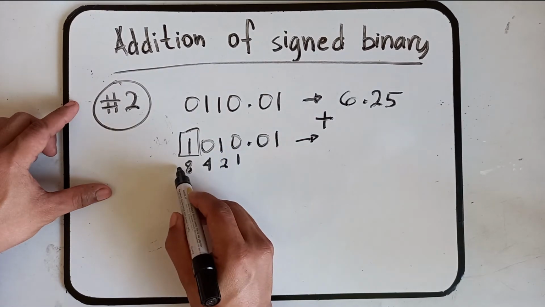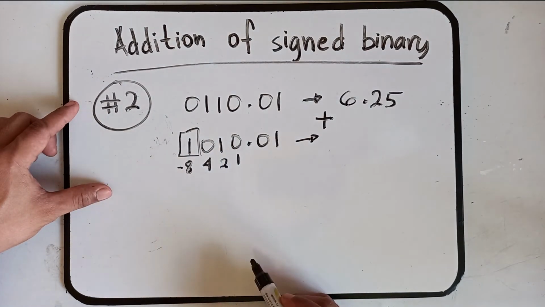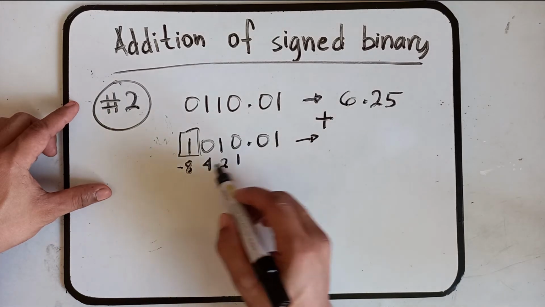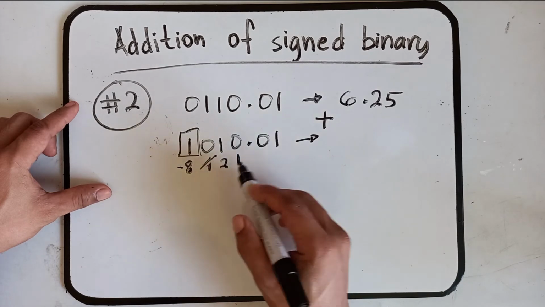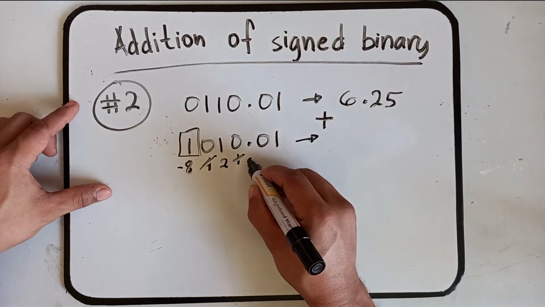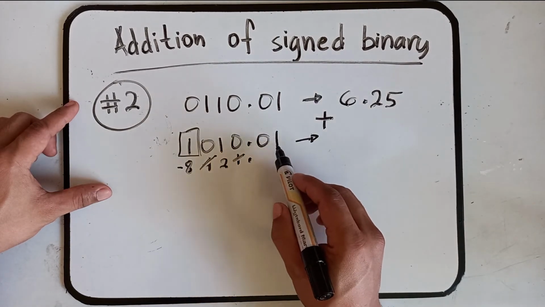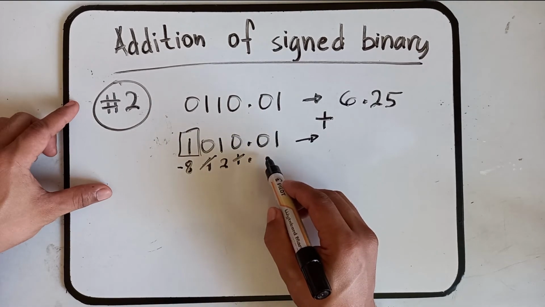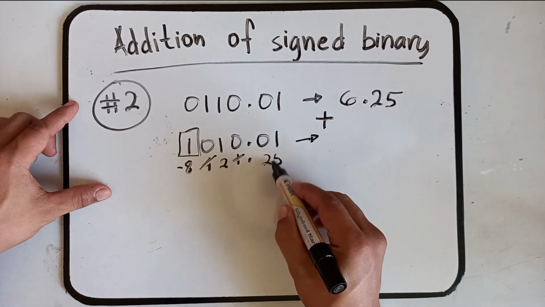That is why we are going to put negative on our number 8. So let's add. But before we add, we have to cancel those numbers having 0 binary. Okay, so let's add, and this is 0.25.